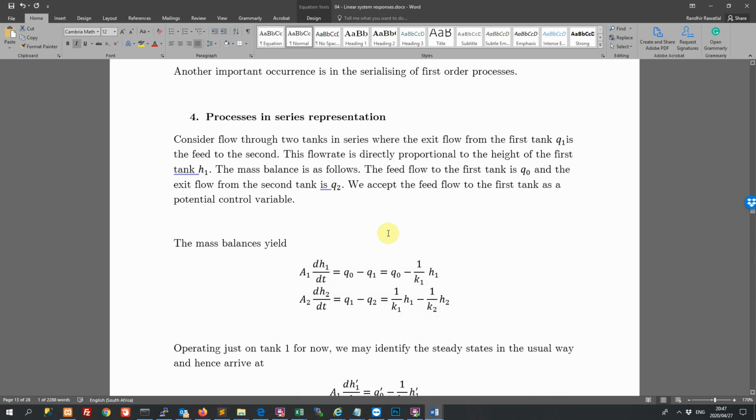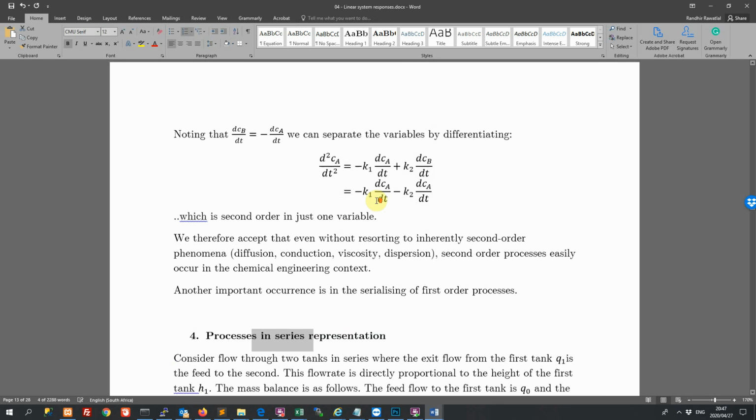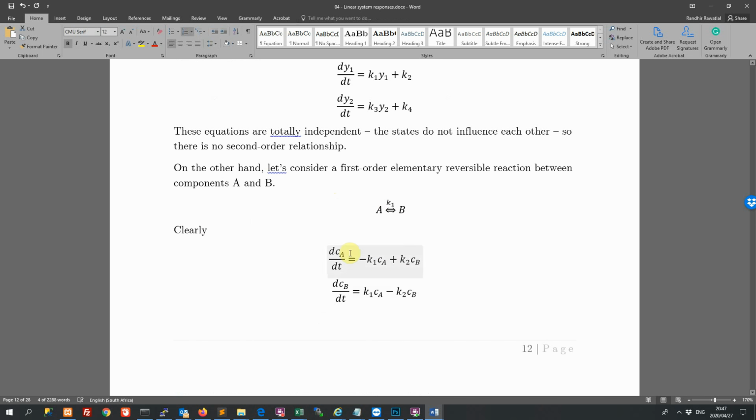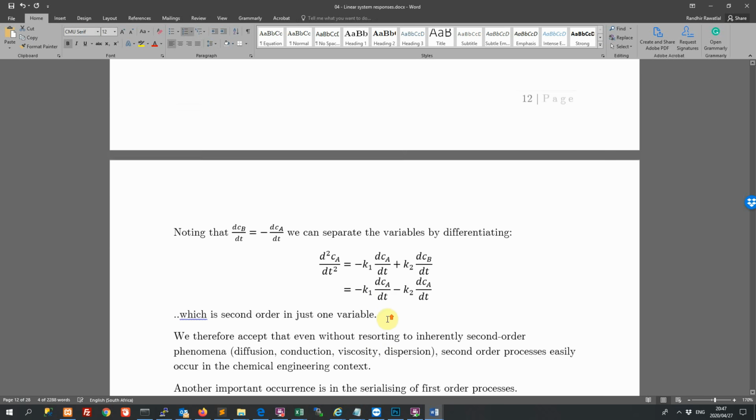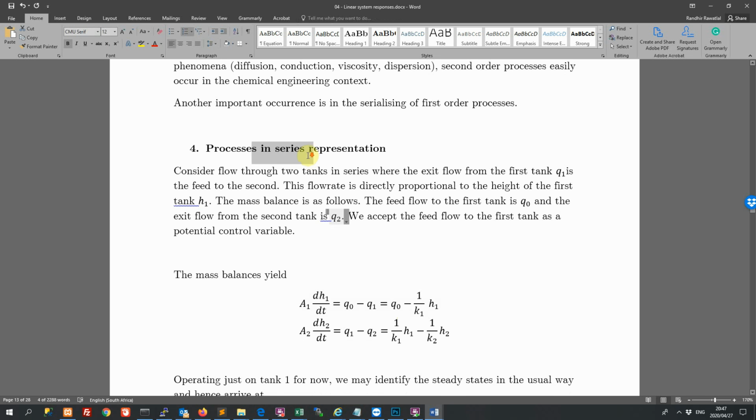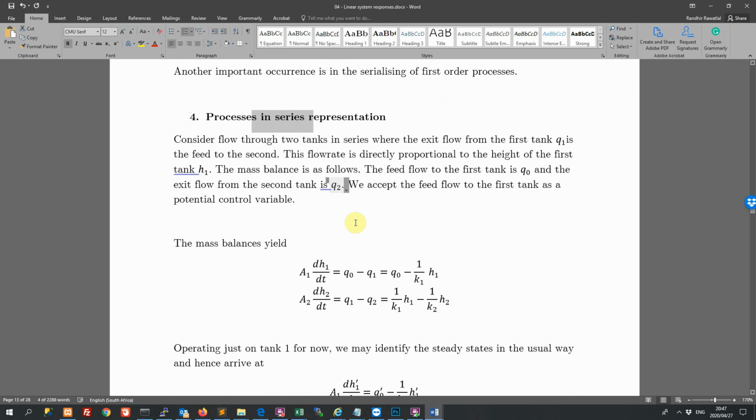And then here's another case. This case wasn't second order because there's a kind of circular relationship here. But if we have processes in series, so two tanks in series where the flow from the one tank is the inlet to the second tank, then the rate of change of mass in the first tank is the flow rate coming in minus the flow rate going out.